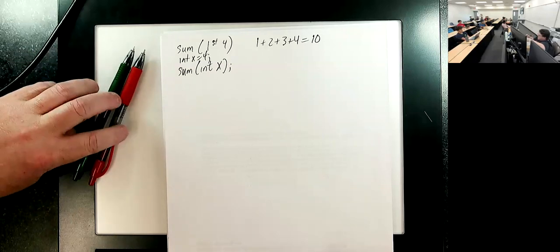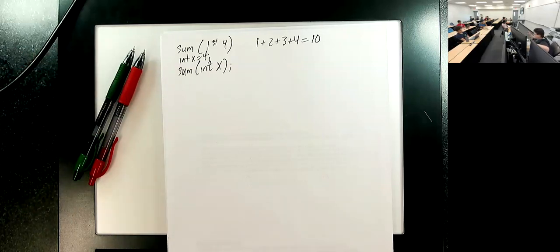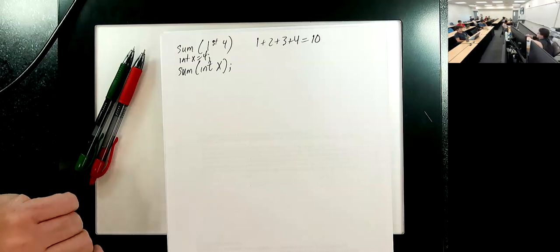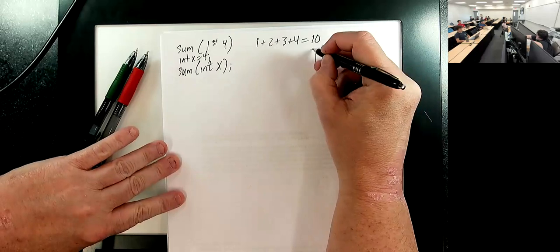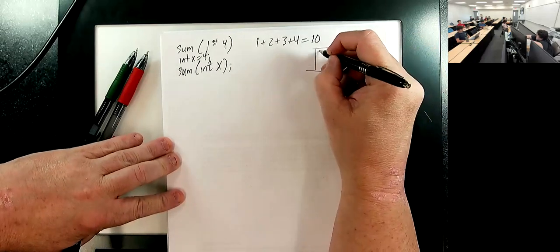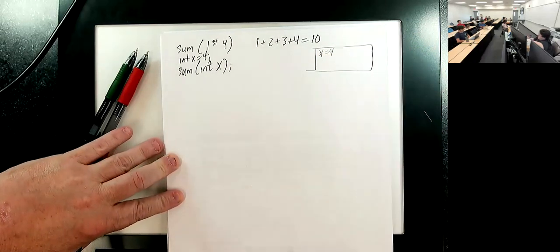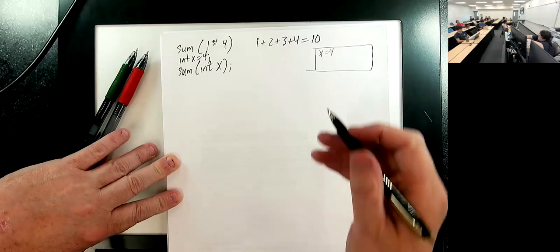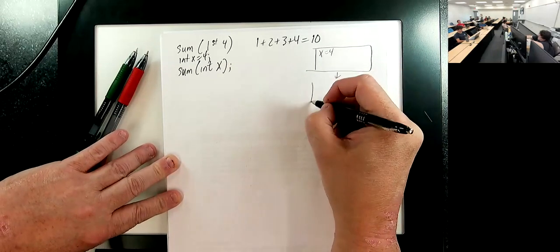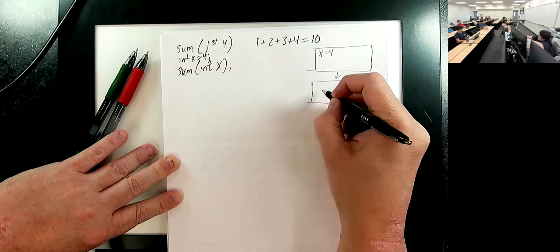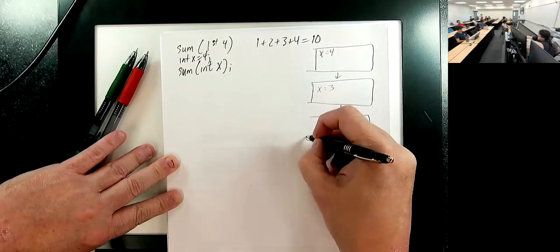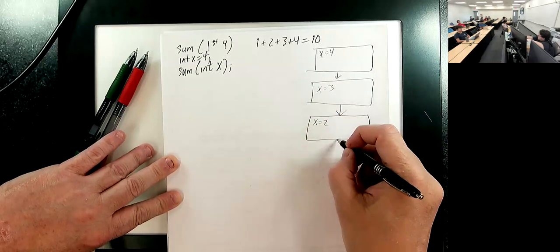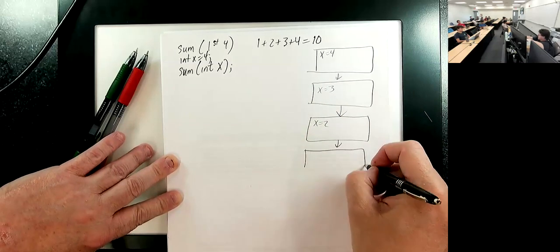So let's draw the boxes. We don't know what they're doing yet. Let's draw the boxes and figure out what our formula is going to be. x = 4. Then we go down to x = 3, x = 2, and x = 1.